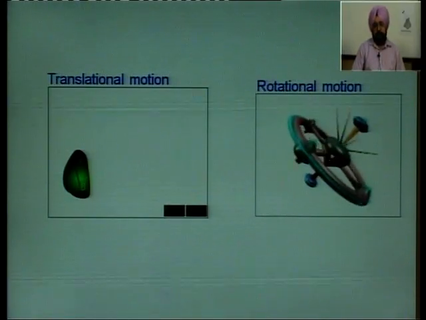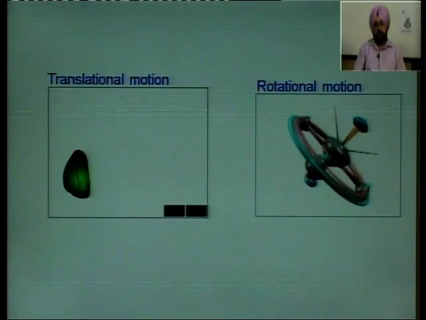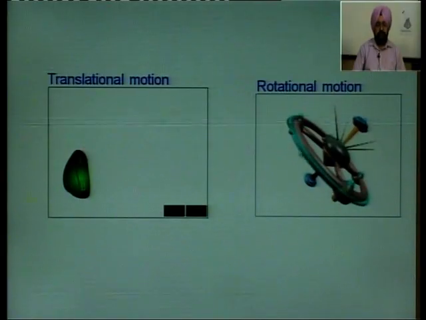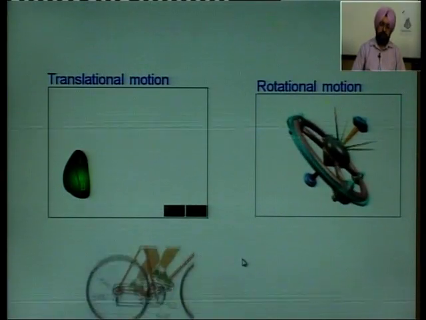And if the body moves in rotation, then the body will be called to be moving in rotational motion. If you see here, the body is rotating. This is what we mean by rotational motion.